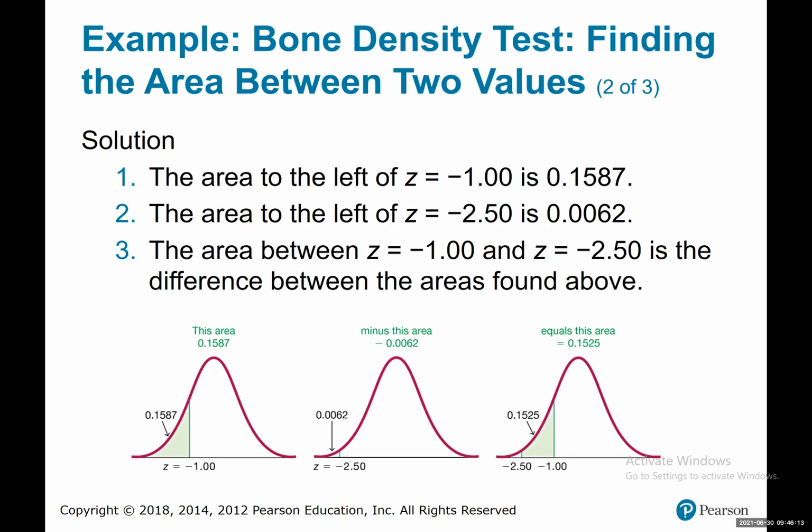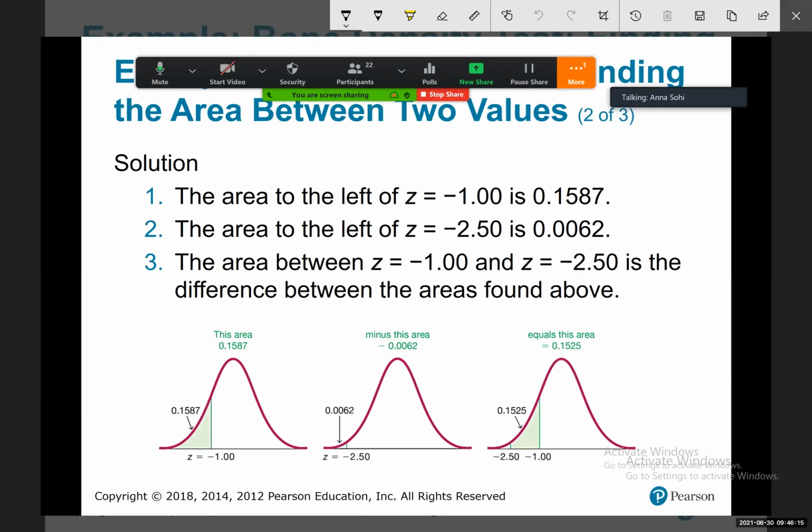Let's say, look at the first graph. Let's say they tell you that the area under the curve is 0.1587, and they ask you to find the z-score. That means the opposite of what you were doing.